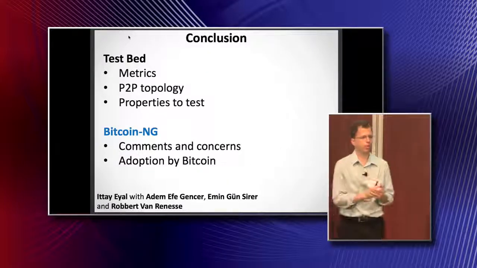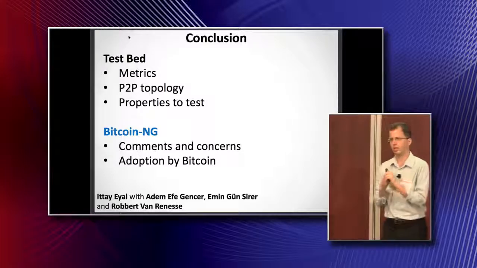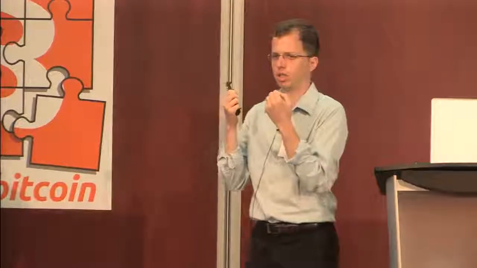I talked about 2 things here. I talked about the test bed. In order to evaluate current proposals on Bitcoin, you need clear, explicit, and strong metrics, and you need to run the actual code and emulate the world around it and see what happens.